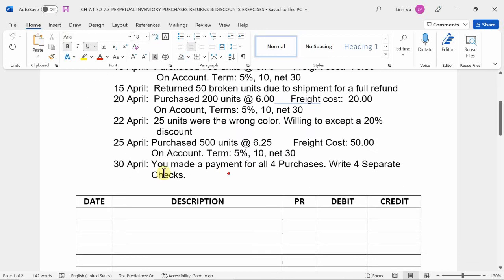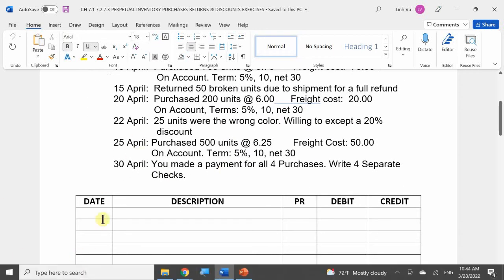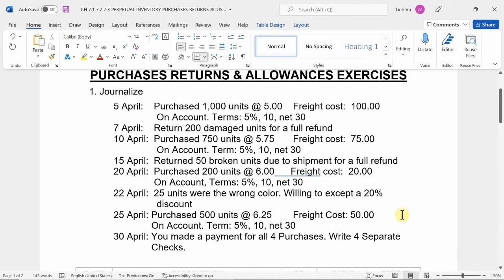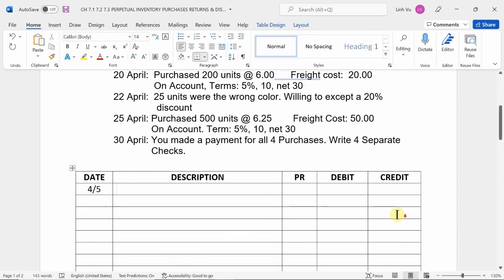So in this case, April 5th, we purchased 1,000 units at $5 each with a freight of 100 on account. How should I journalize this?